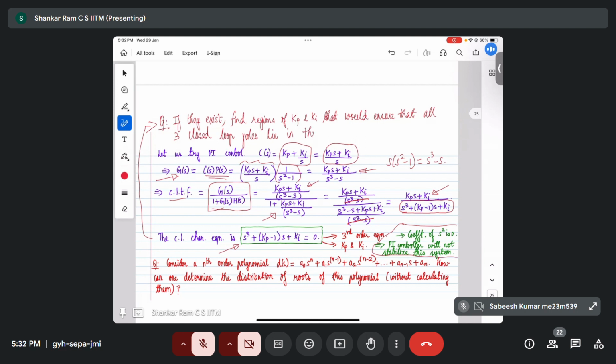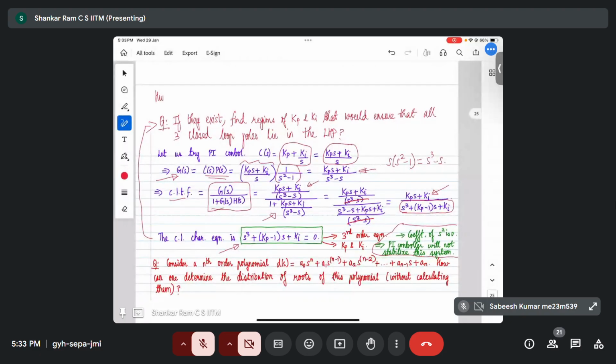Okay, so that is the problem that you and I are facing now. Of course, it is not mandatory that the solution should exist. That is why we are writing "if it exists." If it exists, please find ranges of Kp and Ki that will ensure that all the closed loop poles in this particular case will lie in the left of the complex plane. In general, a polynomial with all the roots in the left of the complex plane is called a Hurwitz polynomial.